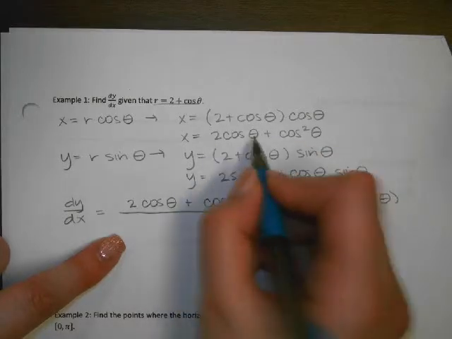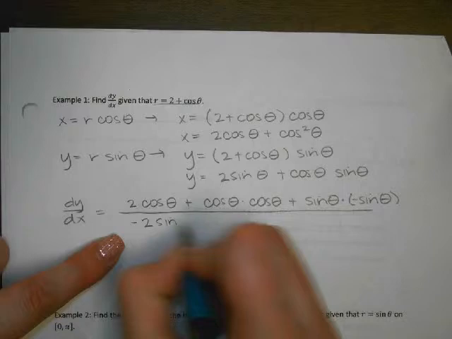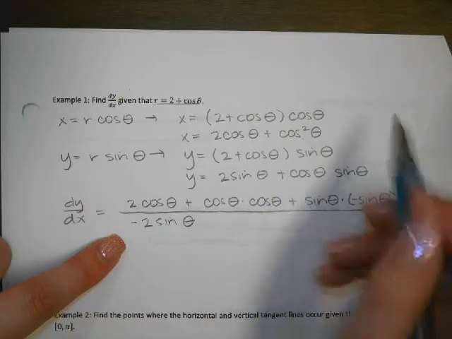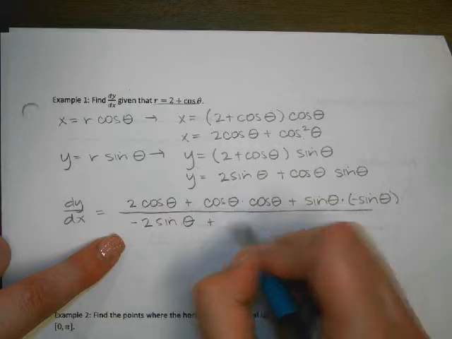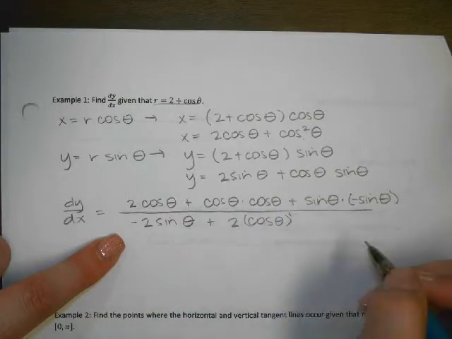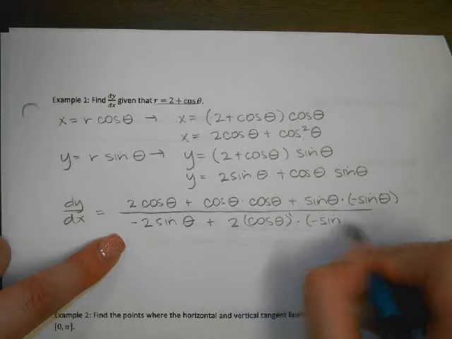My x prime, the derivative of 2 cos would be negative 2 sine. With this part, I have to think of cos squared as cos theta in parentheses with the squared on the outside, so I know that that's a chain rule. So that would give me 2, there's my cos on the inside, and my exponent has dropped by 1. And then the derivative of the inside is negative sine theta.